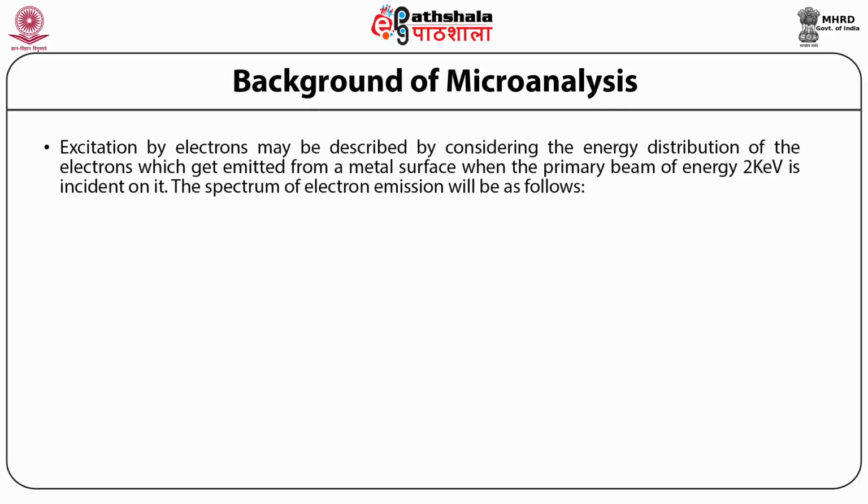Excitation by electrons may be described by considering the energy distribution of the electrons which get emitted from a metal surface when the primary beam of energy 2 keV is incident on it. The spectrum of electron emission will be as follows.